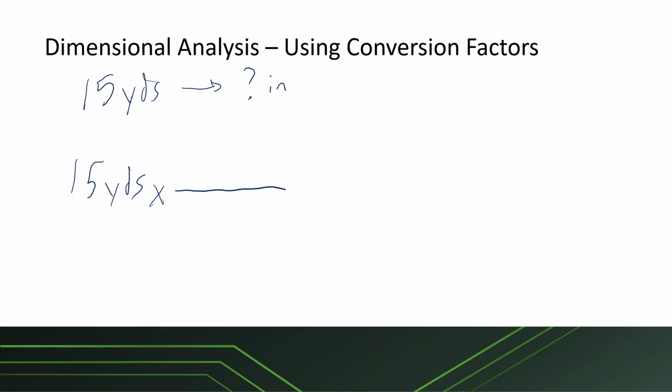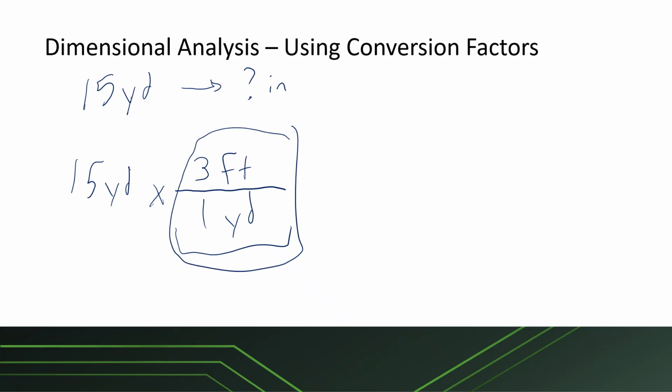we already mentioned that there are 3 feet in 1 yard. And actually, let me be more consistent here. I want to just use YD for yard, like that. The reason I use this conversion factor is because there are 3 feet in 1 yard. This has a value of 1 effectively because those things are the same length.